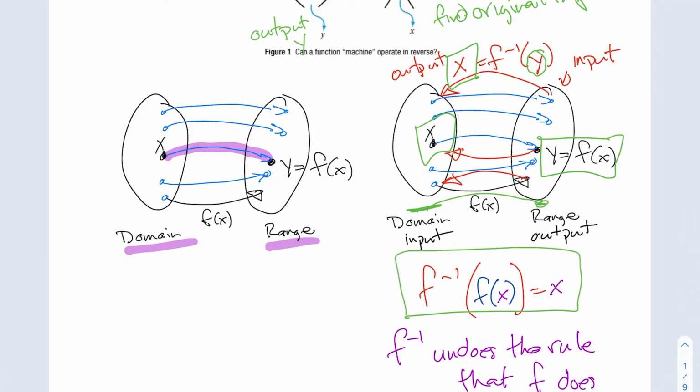We've talked about it a couple times. If you compose those two functions, you plug in x into the function, then you do the inverse function, f inverse, and it gets you back to x where you started. It undoes the rule that you did.